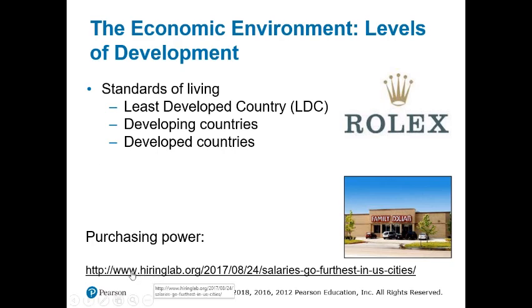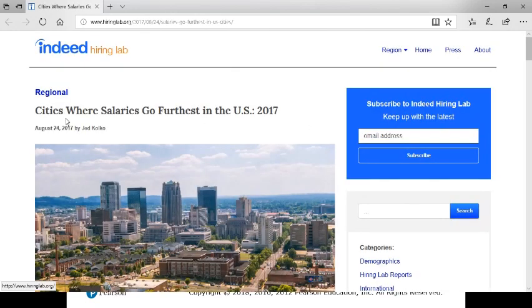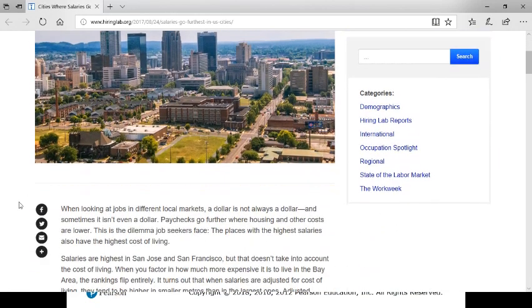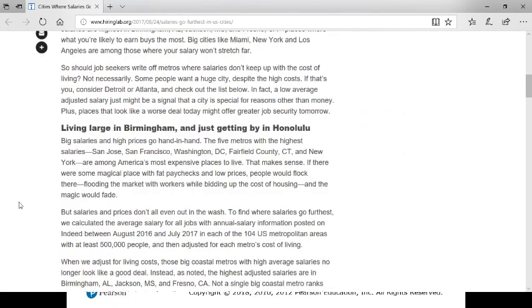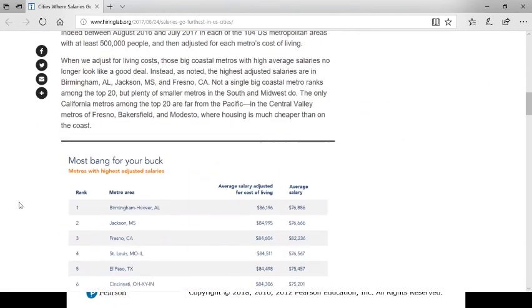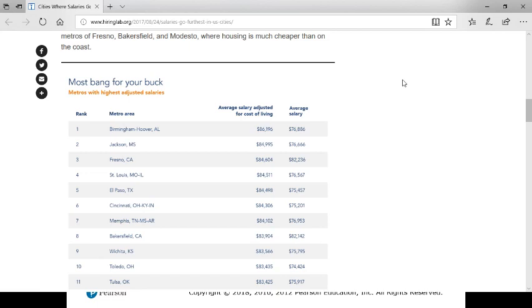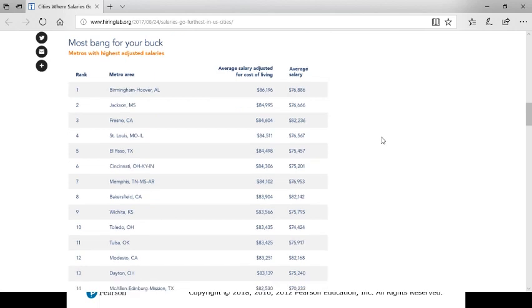If you see this link here at the bottom of the slide, let's go to this report from a few months ago. And I don't know if you will be able to see and distinguish the list of metropolitan areas that are shown here, but if you cannot because of the resolution of the screen, you can consult this on your own later.